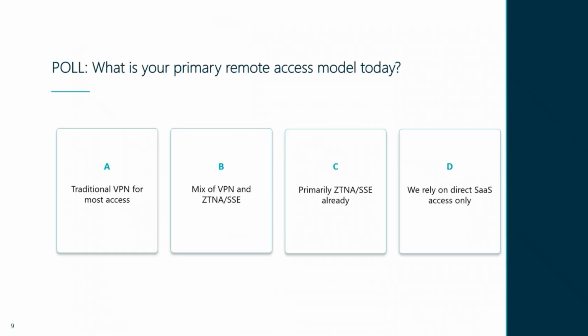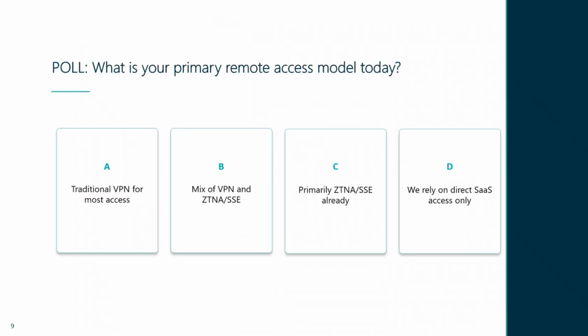Are you mainly on an SSE solution already? Or do you mainly rely on SaaS applications? Normally, I do have a poll over here in the Teams thingy, so let me launch that. And if everything works well, you should be able to submit your answer.